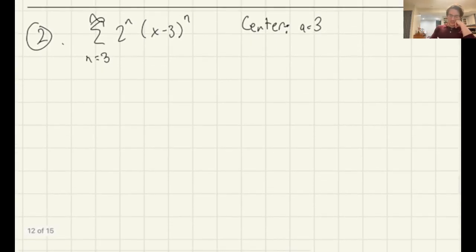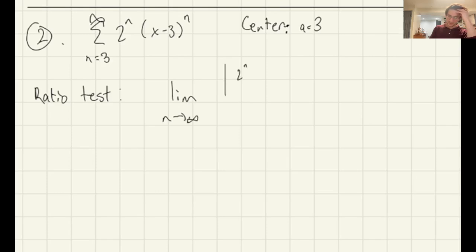All right, so ratio test. Again, if you use the root test, good. I'm proud of you. Here's what it looks like with the ratio test. We're looking at the limit as n goes to infinity of the absolute value of 2 to the n plus 1 times x minus 3 to the n plus 1. There's the n plus first term, divided by 2 to the n times x minus 3 to the n.